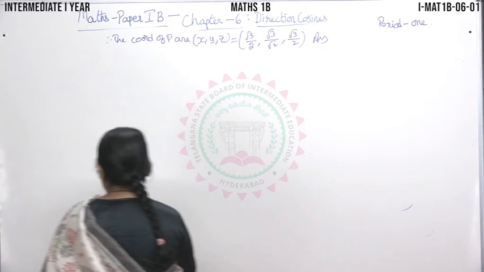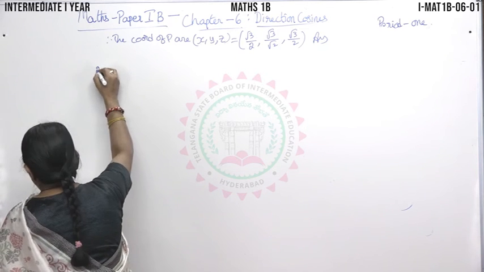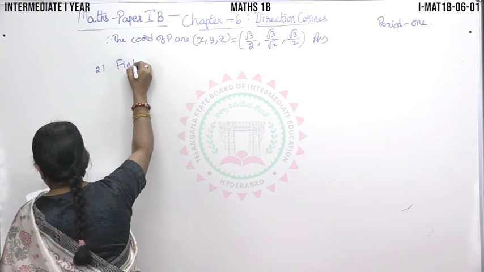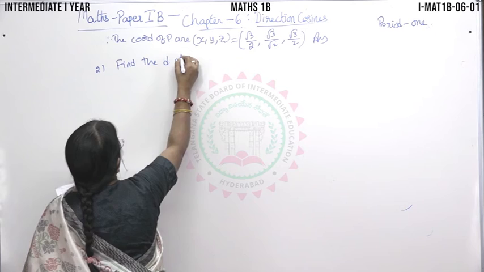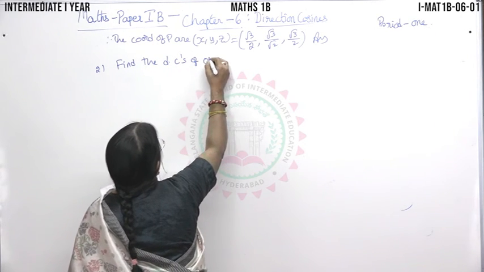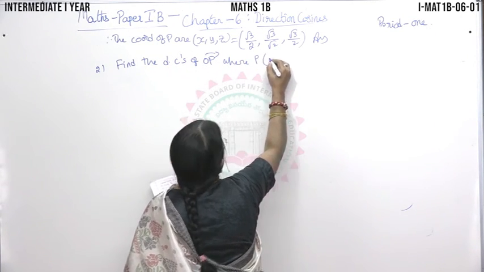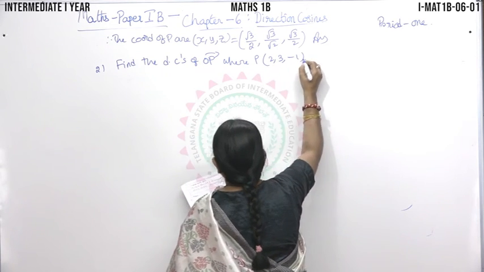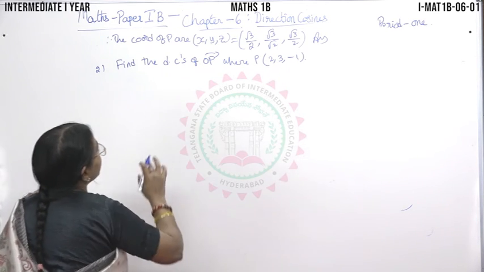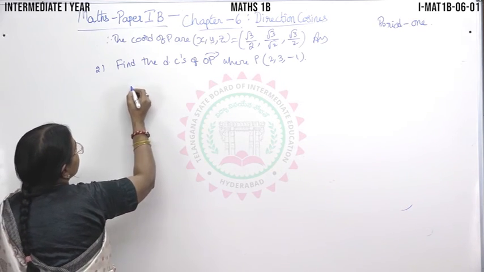Okay, next problem. Second problem. Find the DCs of OP. Here you are given the point P as 2, 3, minus 1. And you must find the direction cosines. So what are the direction cosines?